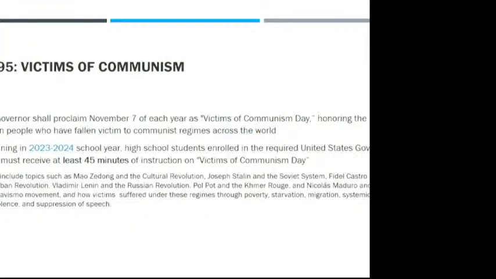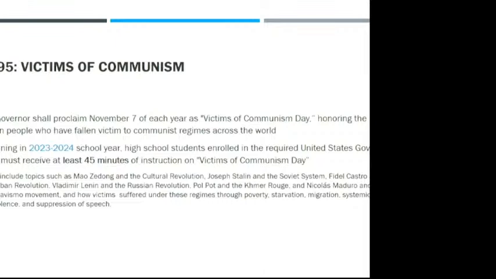House Bill 395 is also a new instructional requirement on teaching the victims of communism, and that will establish November 7th as Victims of Communism Day. And I've listed the specific topics there, and most of those are not specifically isolated in our current standards. They are mentioned in world history and some in civics, but not to the extent that this law is requiring.